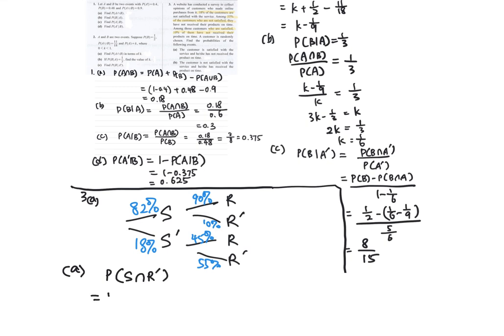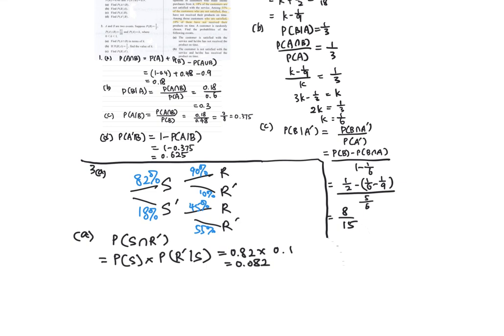This is probability of S times the probability of R prime given that S happened. So this is 0.82 times 0.1, which is 0.082 for part A.